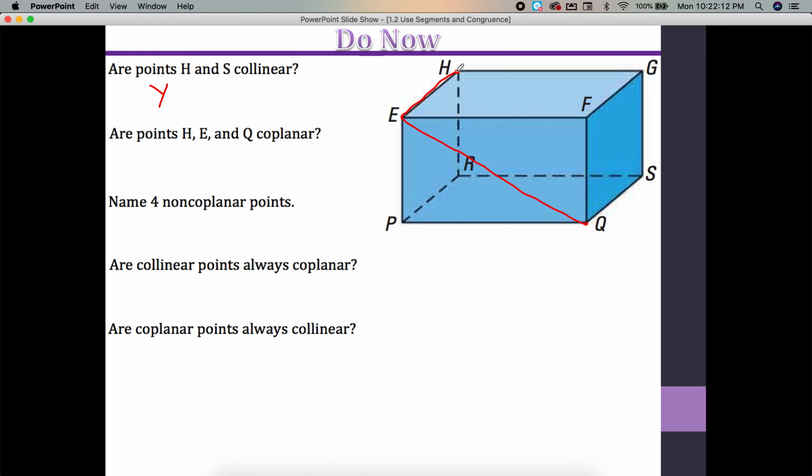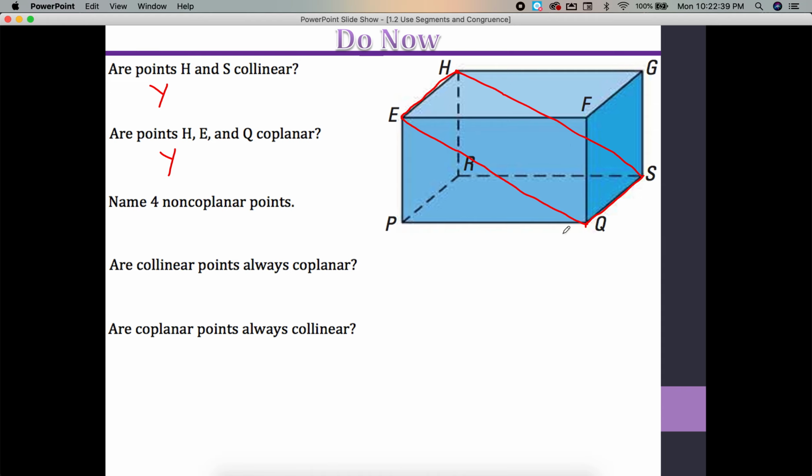If I think about this in terms of the spatial relationship of a room, imagine I have a drape or a sheet that I drape from the top corner of the room to the opposite bottom corner of the room. That sheet would essentially act as a plane. Remember, I can't show the notion of infinity, but imagine this plane extending infinitely. Yes, I have a plane that passes through H and E and Q.